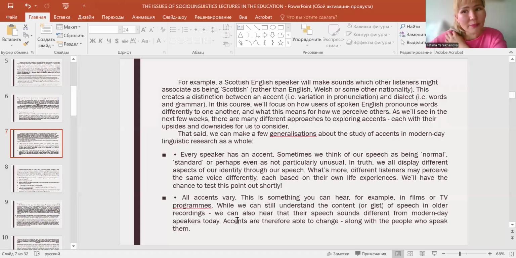Because of the technology, the digital technologies nowadays, of course we will have differences from earlier generations. So accents are able to change over time, along with the people who speak them.